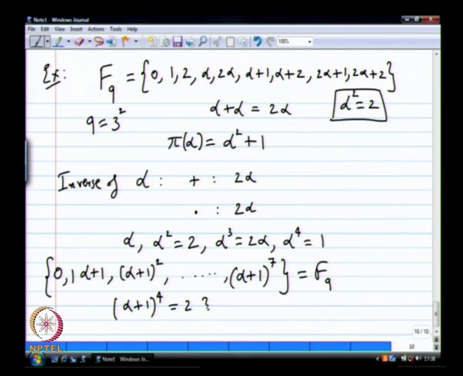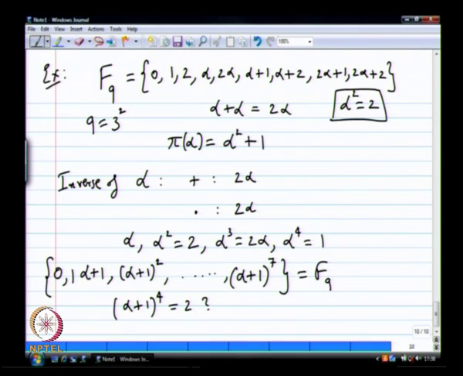Is this true? You can check this. If this is true, then this will also be true. So can someone check this? Alpha plus 1 power 4, is that equal to 2? Is that true?